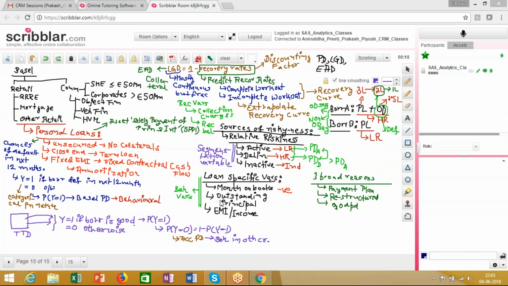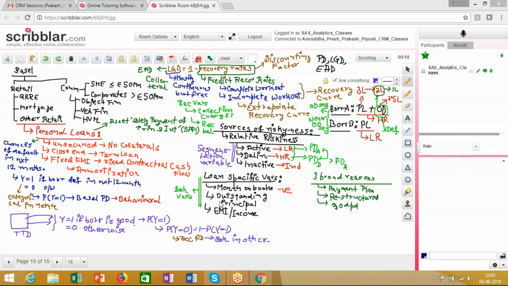So Basel models, or any such regulations of this type, when computing the expected loss, are not concerned about the borrower at the origination. What they want to know is what are the chances that this borrower might default in the next 12 months, because I'll be keeping aside capital in the next 12 months.